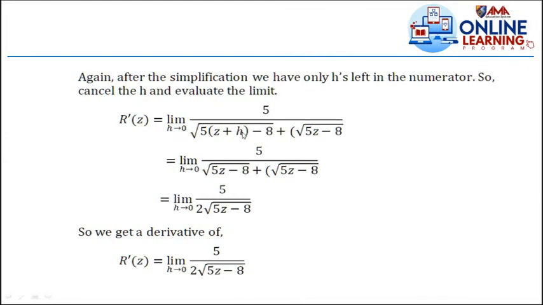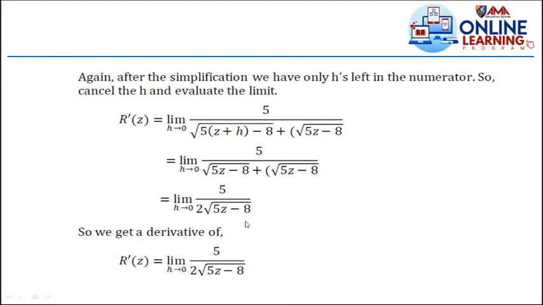So pag naging 0 yan, what's left will be the square root of 5z minus 8. Ito na siya. Plus the square root of 5z minus 8. So by this time, we're going to have the addition of radical expressions. So this one is considered as 1. This one is considered as 1. So we're going to add these two radical expressions. We're going to have 2 the square root of 5z minus 8.